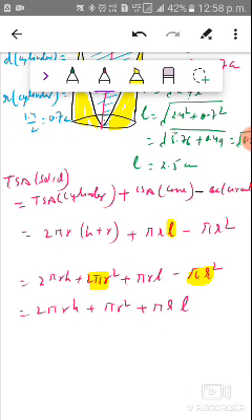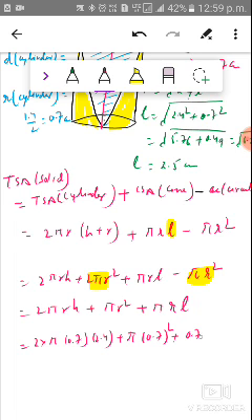Right, now let me write this properly. This is 2 multiplied by pi, and r is 0.7, and h is 2.4, plus pi into 0.7 square, plus pi into r, that is 0.7, and l, that is 2.5.